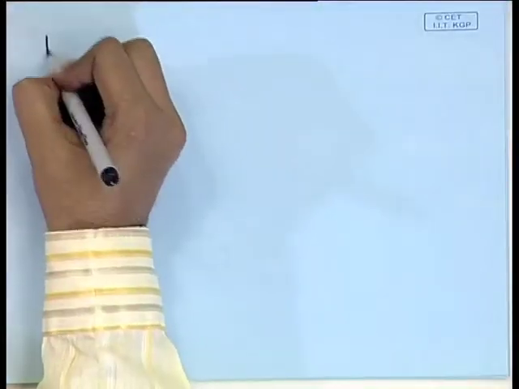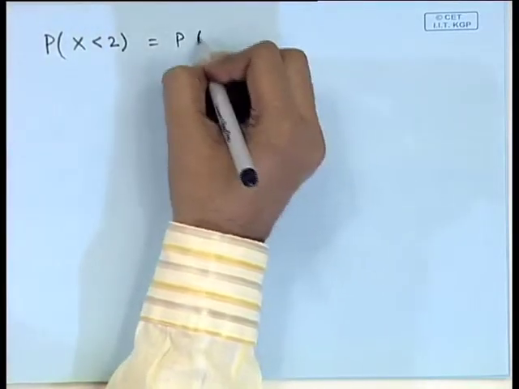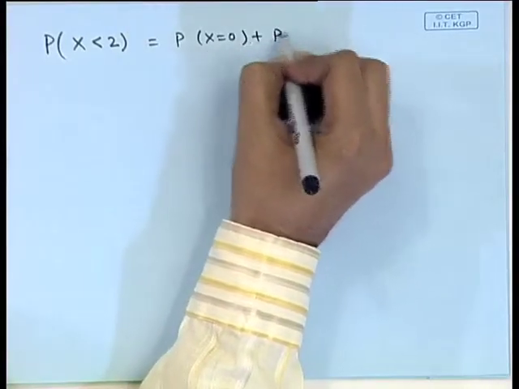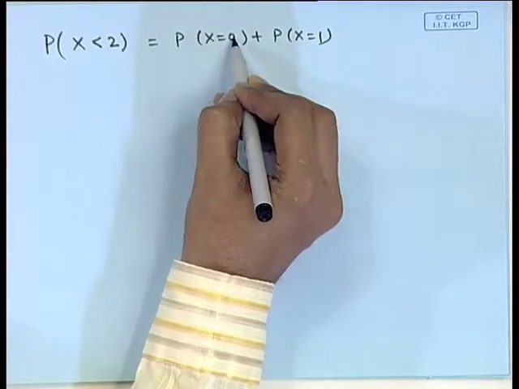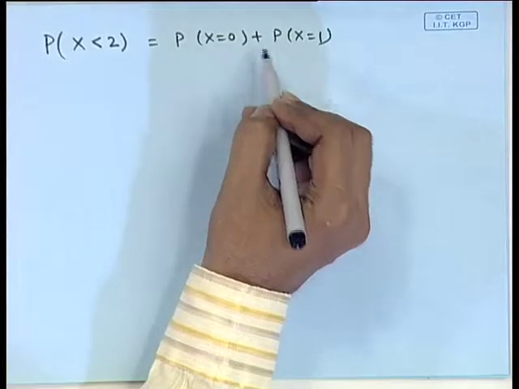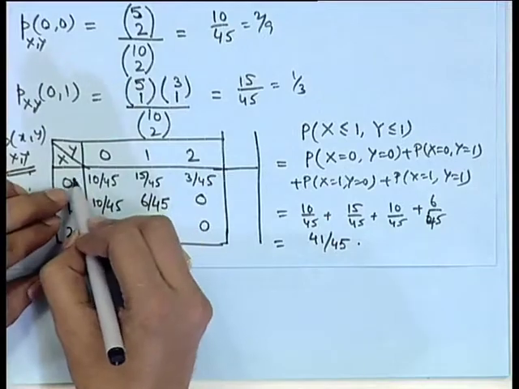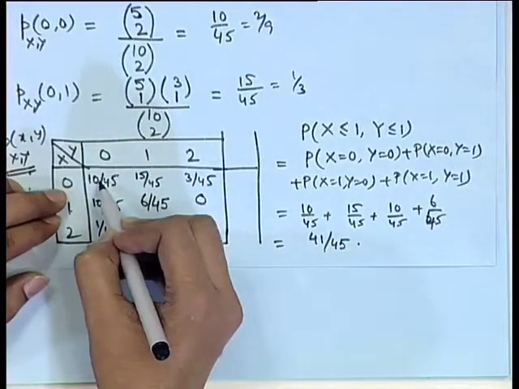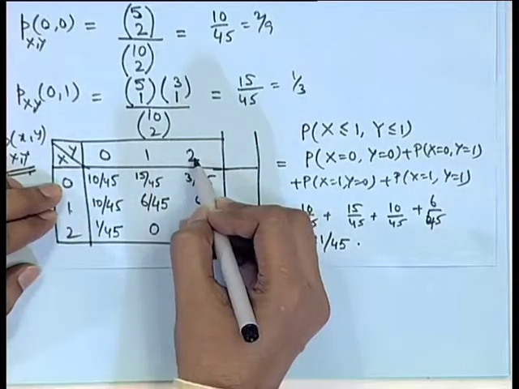We may answer some other questions from here regarding the probabilities. For example, if we ask what is the probability X is less than 2, that is probability X equal to 0 plus probability X equal to 1. Now, this relates to the probabilities of one random variable when the joint distribution is given. Notice here that if I sum row wise, then this will give the probability X equal to 0, Y equal to 0, X equal to 0, Y equal to 1, and X equal to 0, Y equal to 2.